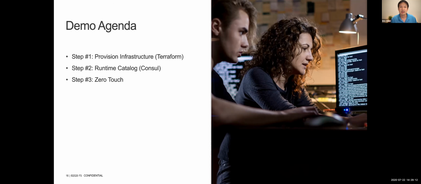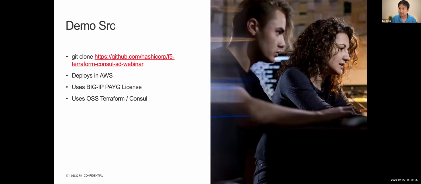Next, we'll look at the networking aspect of how we leverage Terraform to provision the network resources on the BIG-IP. And then we'll see the zero touch aspect of it, that now that we've used Terraform to apply this, we'll dynamically make changes within this AWS environment, and you'll see that no tickets were involved, and we can hold true to the title of this webinar.